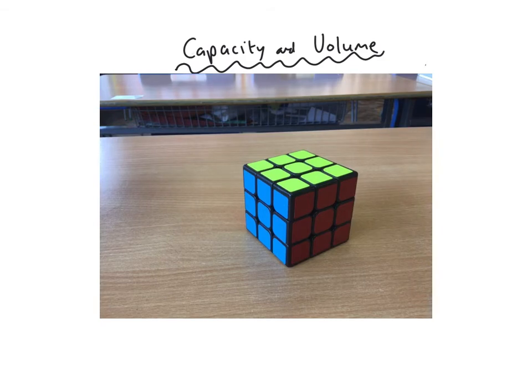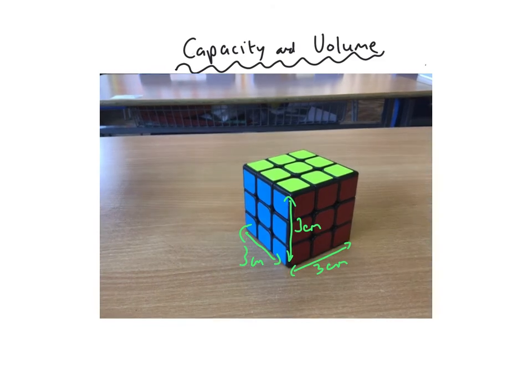I could say that the Rubik's Cube is 3 centimetres long, 3 centimetres wide, and 3 centimetres high. So length times width times height is my formula, which is 3 by 3 by 3.